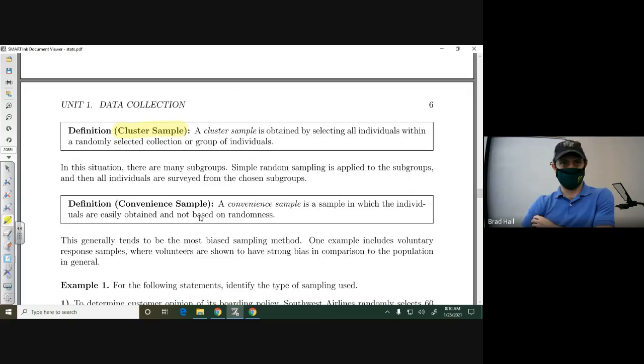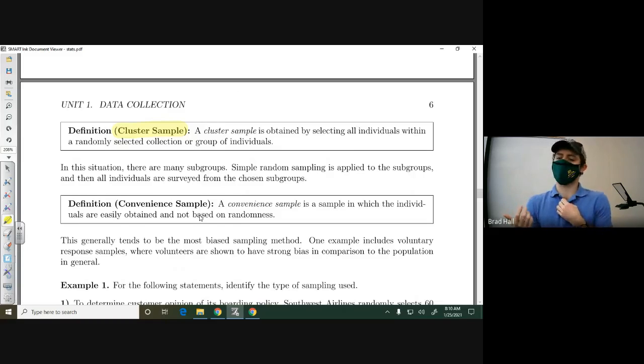But what cluster does is it selects all the individuals. So the randomization here is the group, and then you interview every person within that group. So it's not the individuals being randomly selected, it's the groups that are being randomly selected.